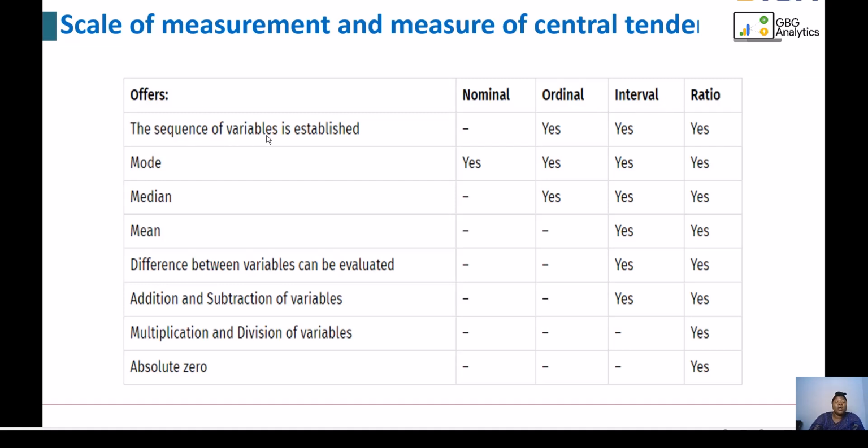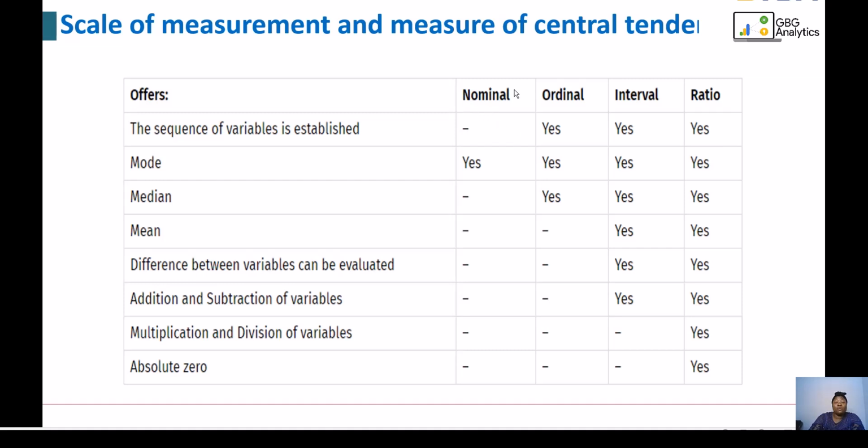So the sequence of variables is established for ratio. For the mode, we use the median, we also use the mean. And we also try to find the differences between the variables. We can also evaluate that, or we could add or subtract the variables. We could multiply or divide the variables, or we could even have the absolute 0 of the variable.